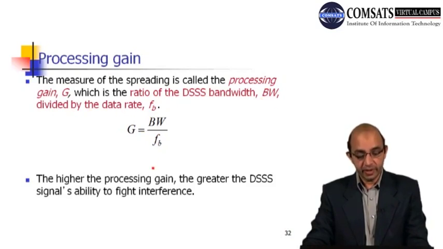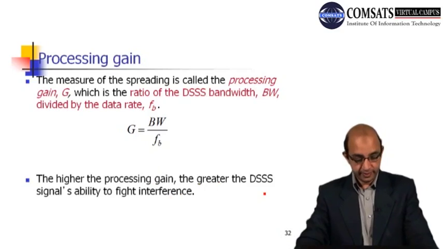The higher the processing gain, the greater the spreading is, and so the greater the DSSS signal's ability to fight interference.